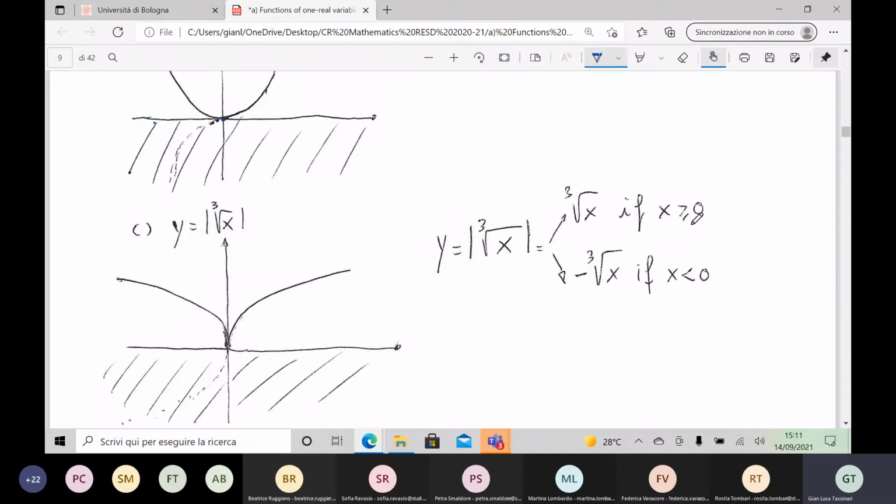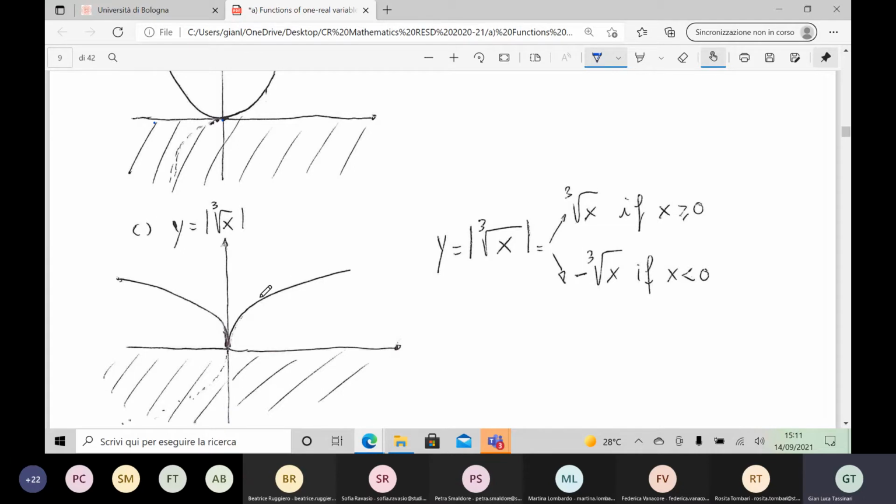So for x greater or equal than 0, the absolute value tells you that you need to plot this graph. On the contrary, when x is negative, also the cubic root is negative. So this cubic root is negative, the absolute value makes it positive by multiplying it by minus 1. So minus. So we need to plot this graph, but apply the previous trick.